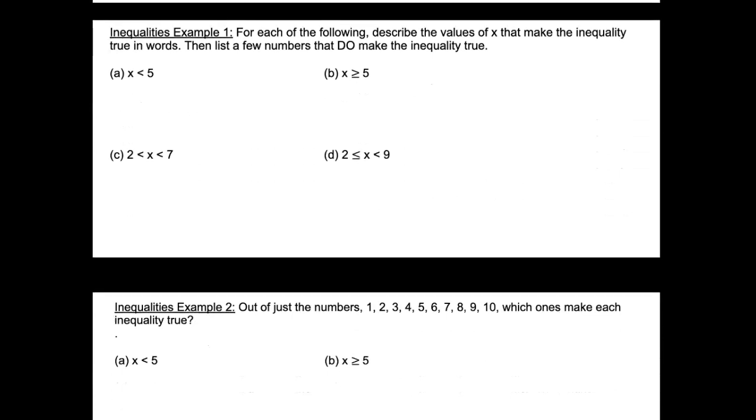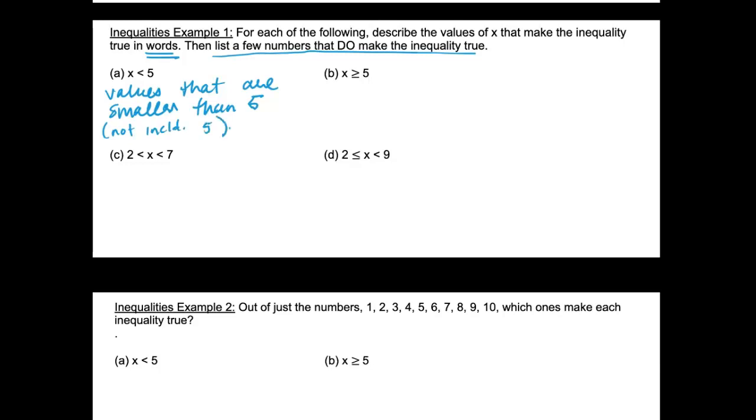So for example 1, we're going to describe the values of x that make the inequality true in words. So we're first going to do it in words, and then we're going to list a few numbers that do make the inequality true. So for this first inequality, x is less than 5. We're looking for values that are smaller than 5, not including 5.